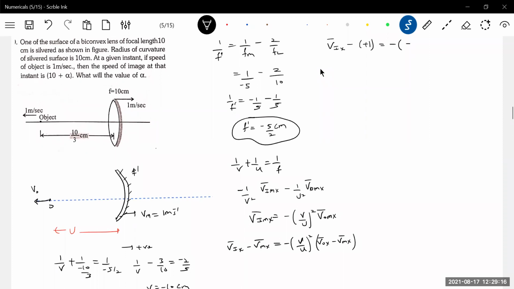Okay, this will be minus 10. U is minus 10 by 3 whole square.